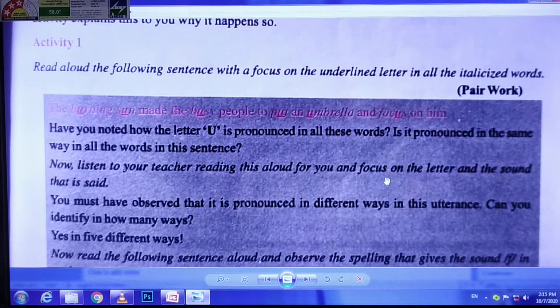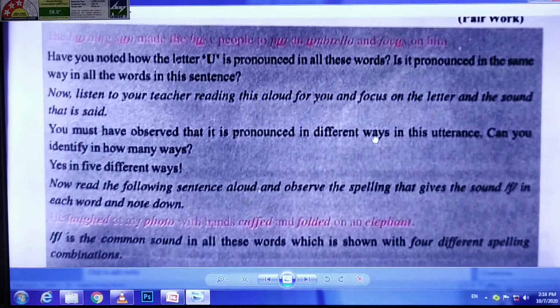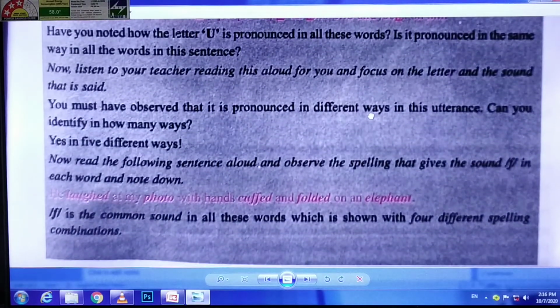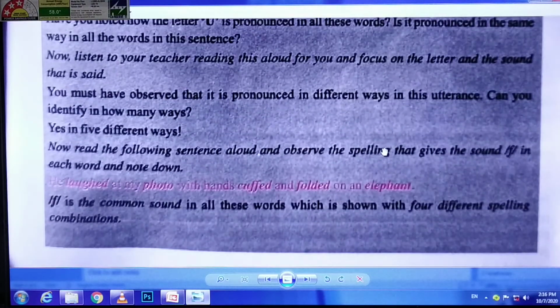When you listen to this sentence, you can find this letter U is pronounced in 5 different ways: burn, sun, busy, put, umbrella and focus.